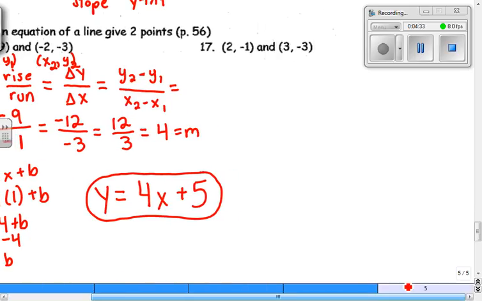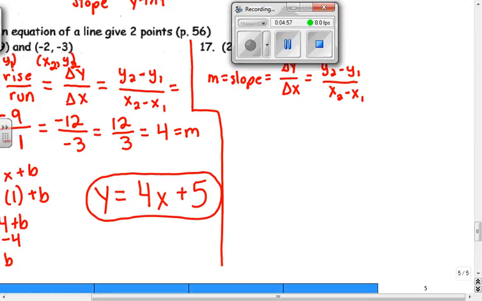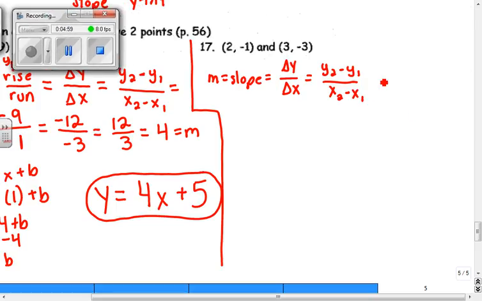Okay, let's try one more. Okay, we start out, m is our slope, delta y over delta x, y2 minus y1 over x2 minus x1. Okay, well, we have to label. We know that we have an x and a y.